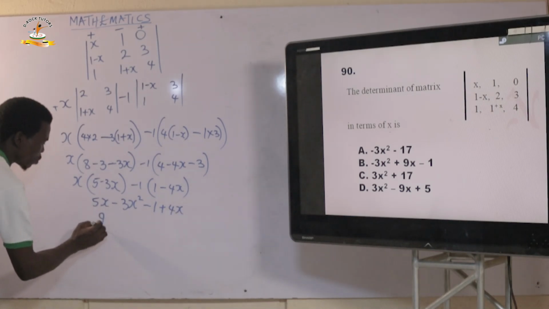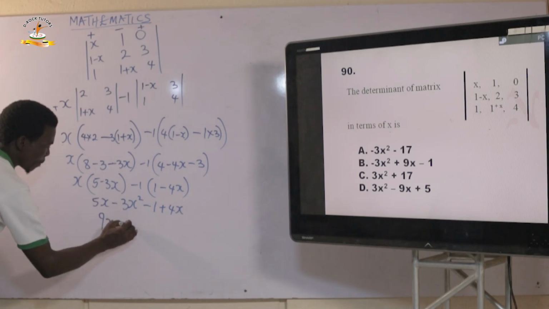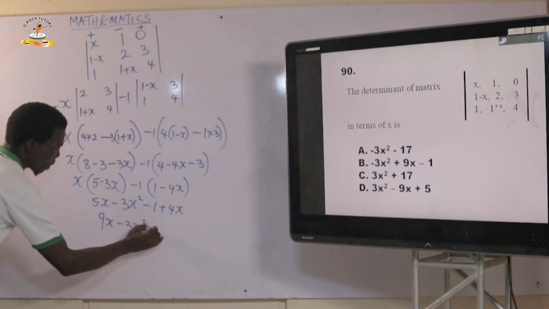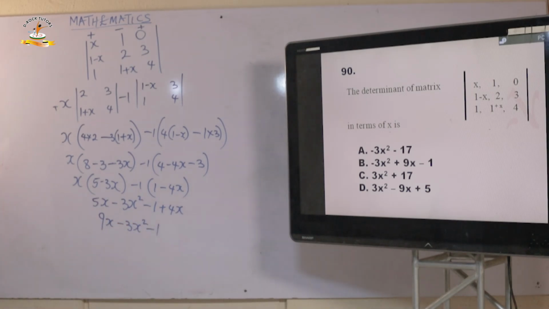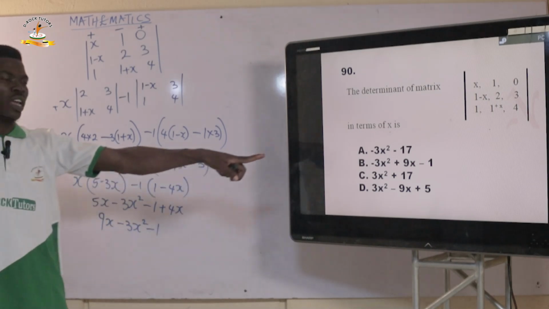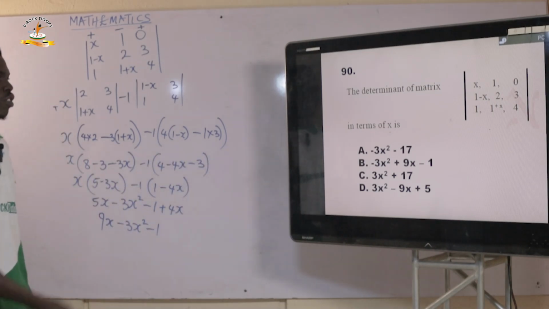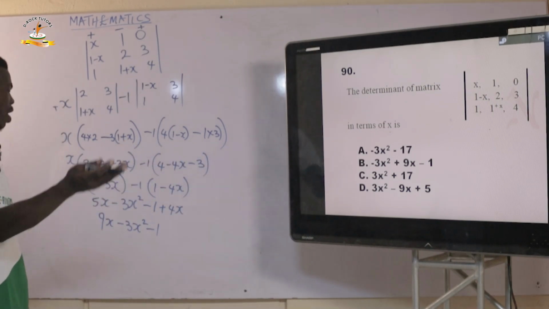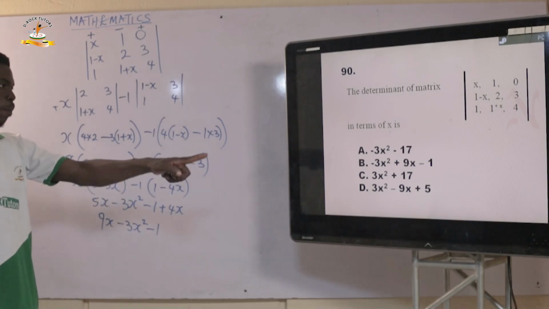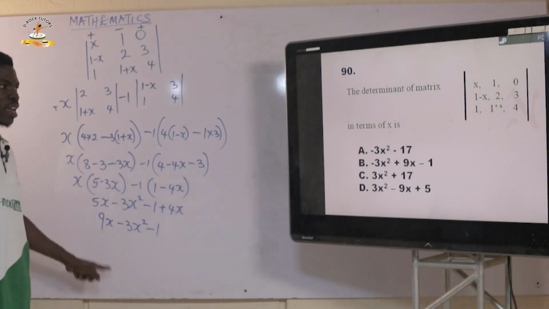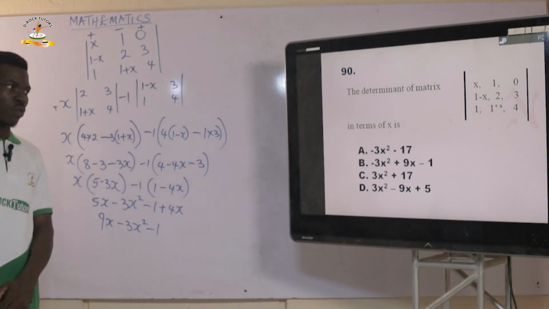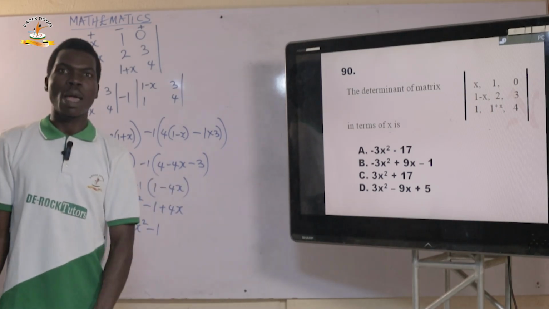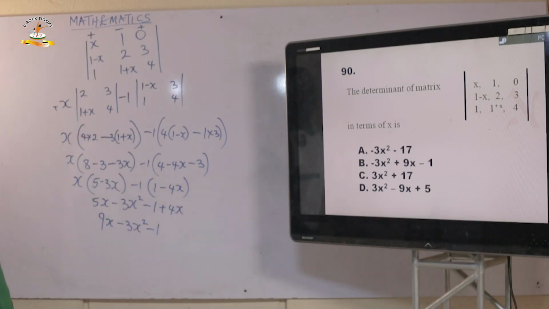So we are left with 9x minus 3x squared minus 1. And we can see the option here is option B, which is 3 minus 3x squared, that's what we have here, plus 9x minus 1. So the correct option there is B. Next question.